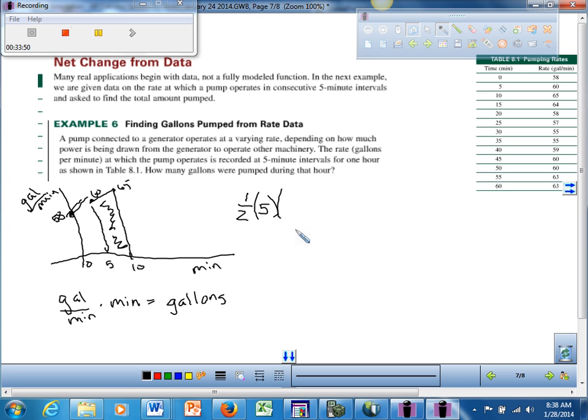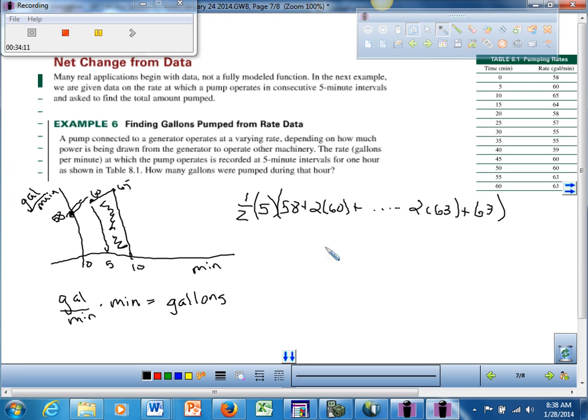Since they're all the same width here, we have 1/2 times 5 times 58 plus 2 times 60 plus and so on, 2 times 63 plus the last one. Anyone see it? 65? No, 63? Yeah. Okay. And there's our trapezoidal. Done.